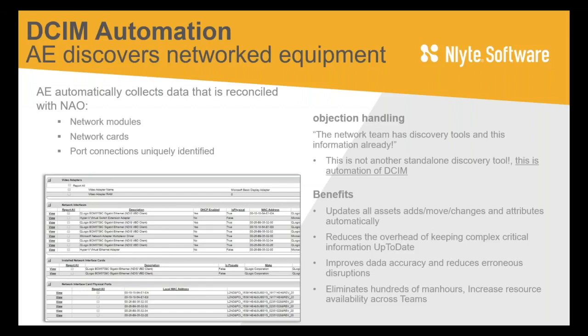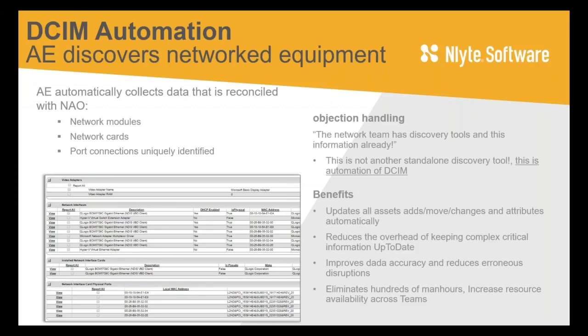So it'll find the modules, then it'll find your cards. So it'll hit a server, it'll read what cards the server has got, what ports are on those cards, what's the MAC addresses of those ports and those cards, and it will pass all of that data over to DCIM, and it will create those inside DCIM automatically, right? And then it's going to understand the ports. It's going to have the unique identifiers for when it talked to that module and the module says, I have so many ports.